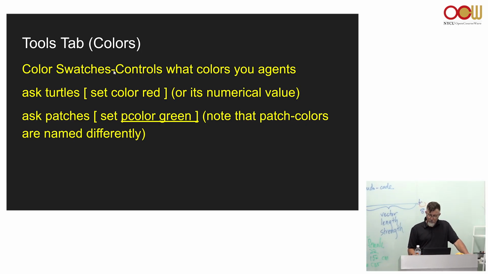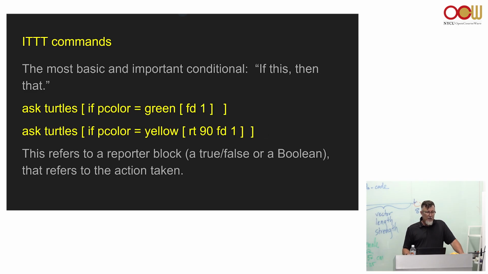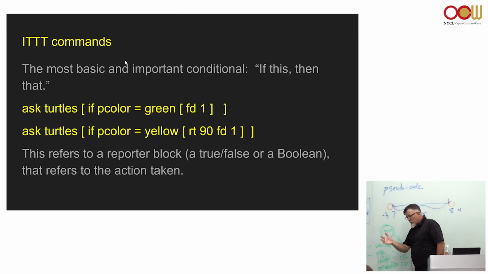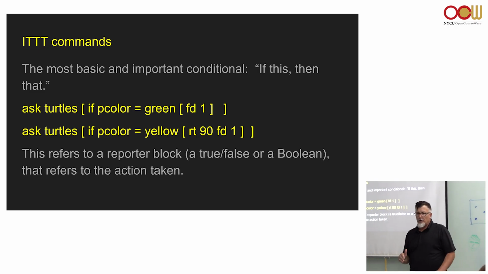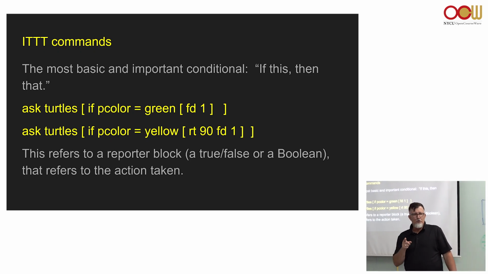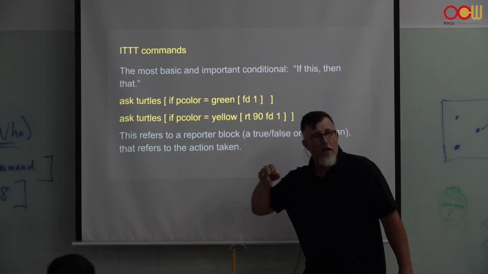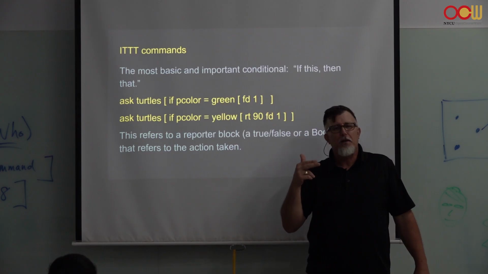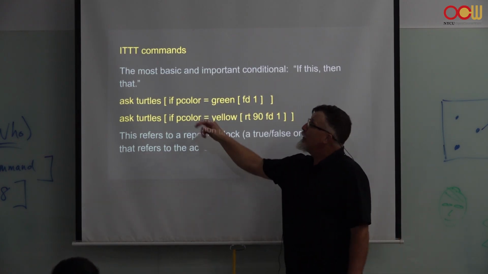Okay? And we did the shapes editor. At least in some of the code, when we were telling turtles to move forward or move left or right, actually, I don't think I gave you any of these yet, now that I think about it. We'll use them in the upcoming models that we're going to build. You have probably the most important single command structure in computer programming.